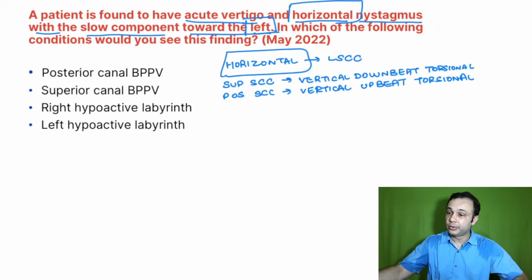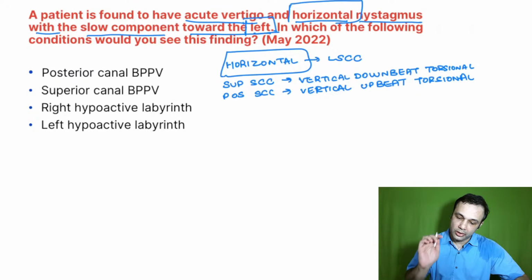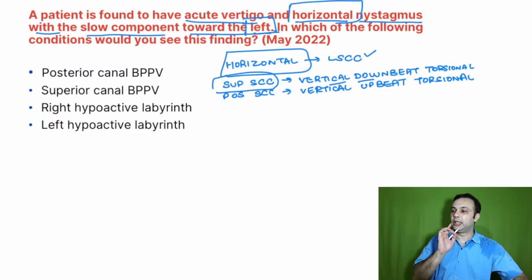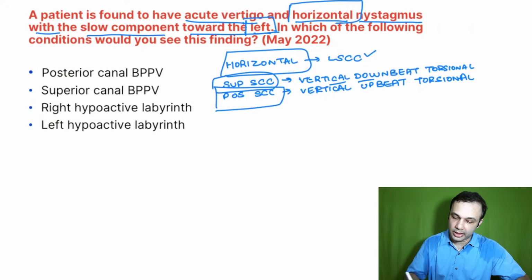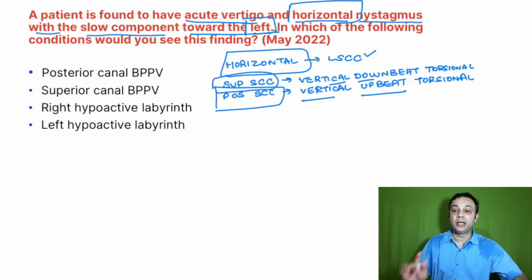Is this clear to you? So when you talk about nystagmus, this is what you actually visualize, right? So horizontal semicircular canal you have, horizontal nystagmus you have in lateral semicircular canal. Superior you have a vertical downbeat nystagmus, and posterior semicircular canal you have a vertical upbeat torsional.